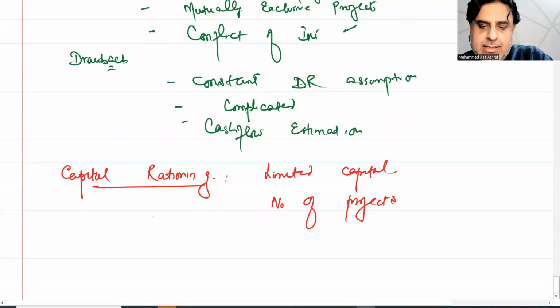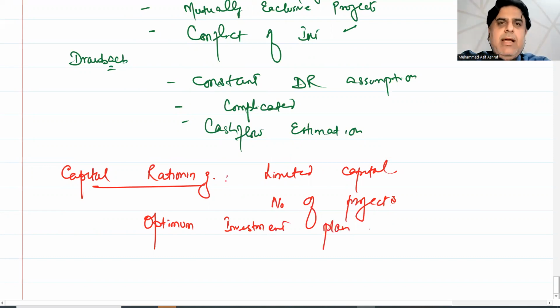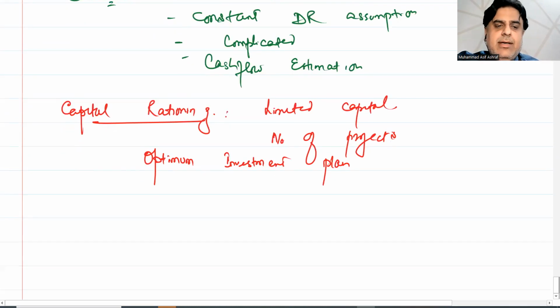In this case, you have to invest wisely so that the investment will give you maximum return. This is called optimum investment plan. Optimum investment plan is basically the plan which maximizes your returns.